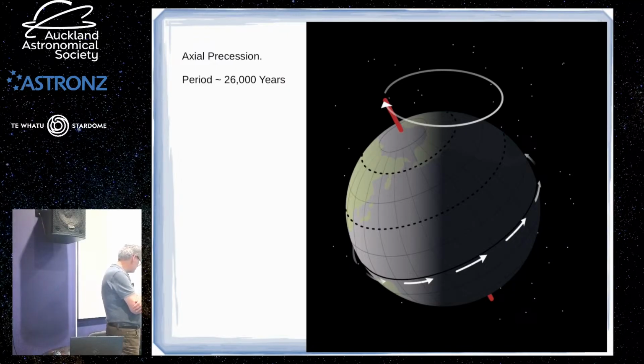So this is an immediate problem for our catalogues, because if you specify the coordinates of a star, they are only valid for a particular date. It's not a problem these days, because your planetarium software will automatically do the calculation to precess the coordinates to the current date.